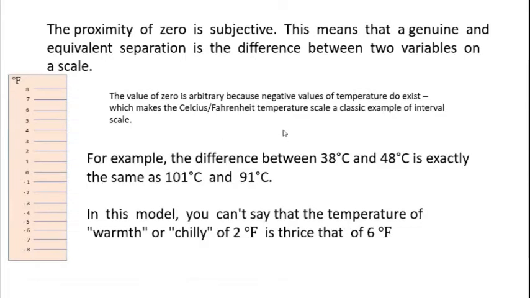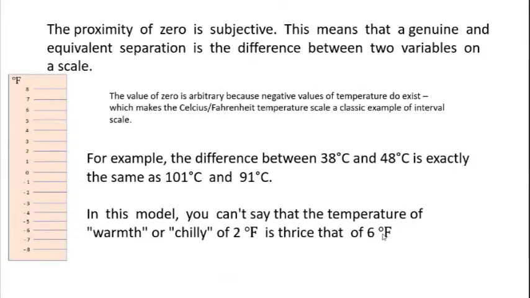So what we mean by interval: 38 and 48, 101 and 91, if you subtract these, it would be 10 degrees. So the interval is equal for these two cases. But we have to take note of this. We are not allowed to say that a temperature of 6 degrees Fahrenheit is thrice that of 2 degrees Fahrenheit.